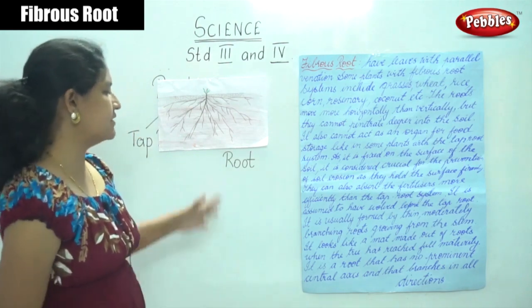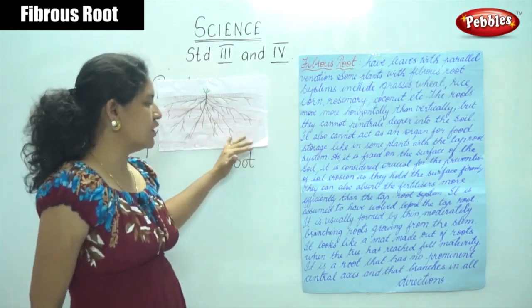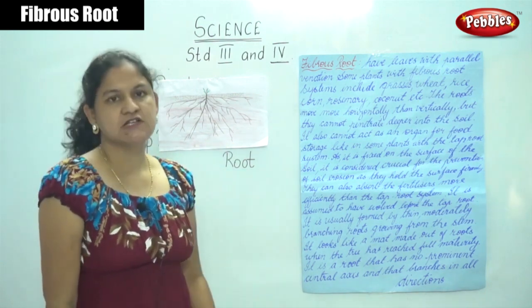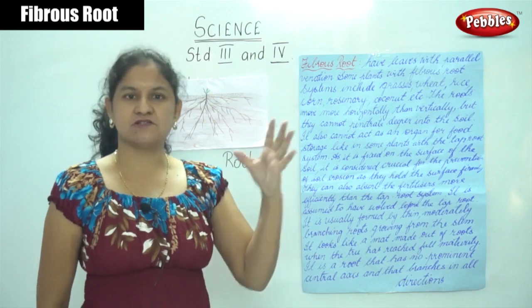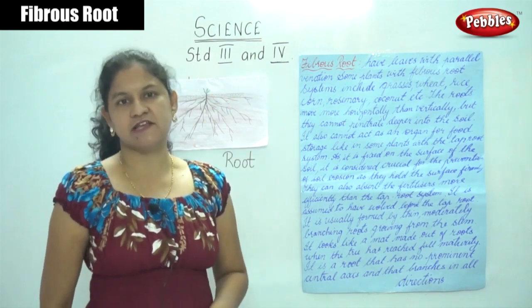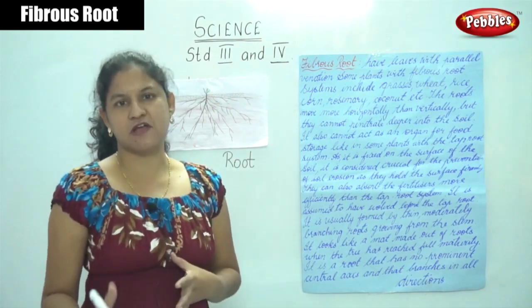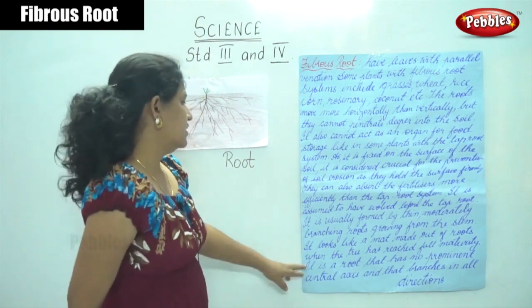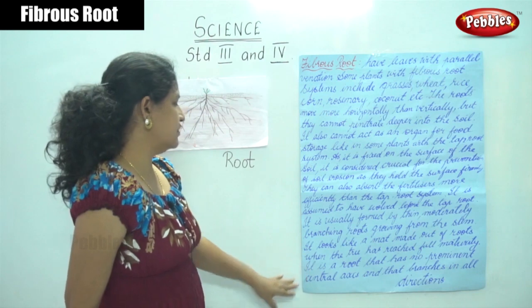And it looks like a mat made out of roots when the tree has reached full maturity. So when the tree has reached its mature stage, the fibrous root appears like a mat.